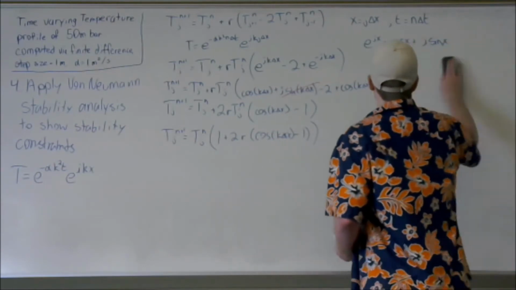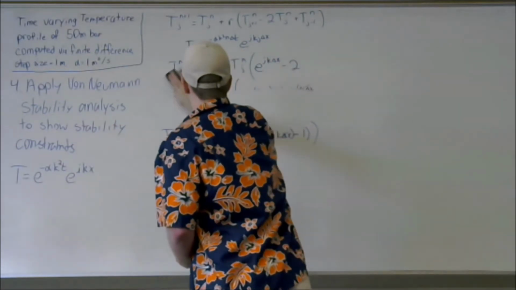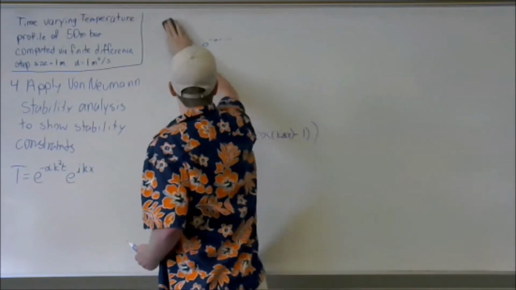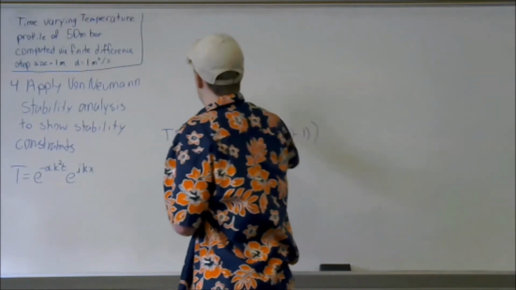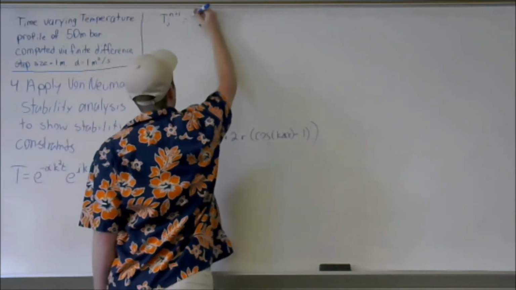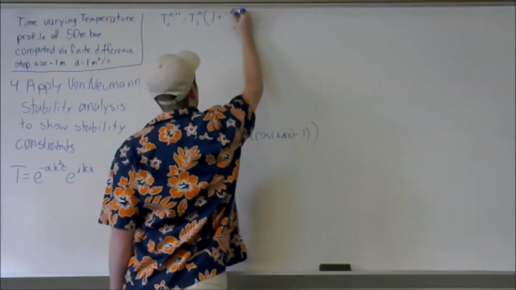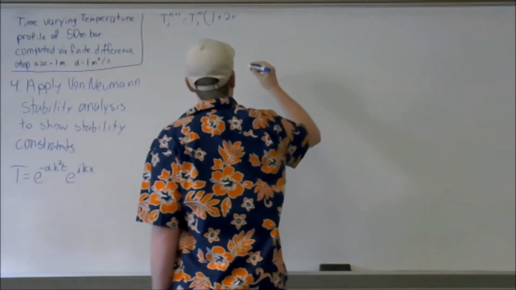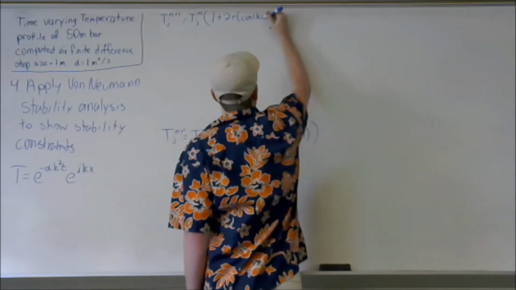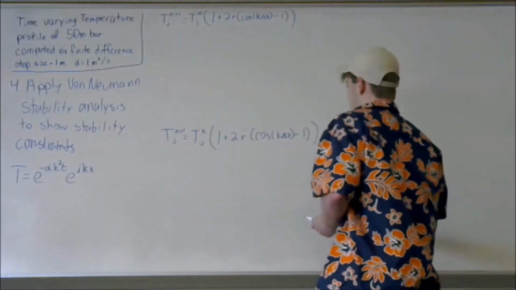So what I'm going to do, I'm actually going to get rid of some of this stuff here, and I am going to rewrite this equation up top. We've got T_j^(n+1) equals temperature at j, n, times 1 plus 2r, and then multiplied by cosine of k delta x minus 1, just like that.